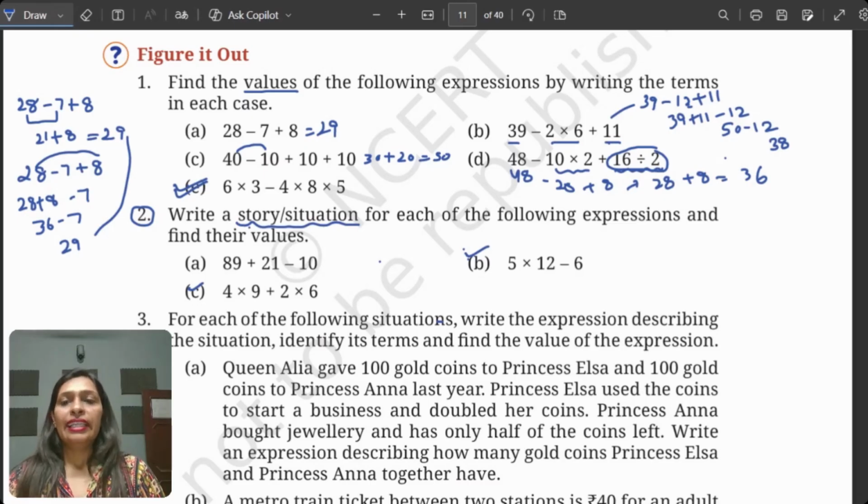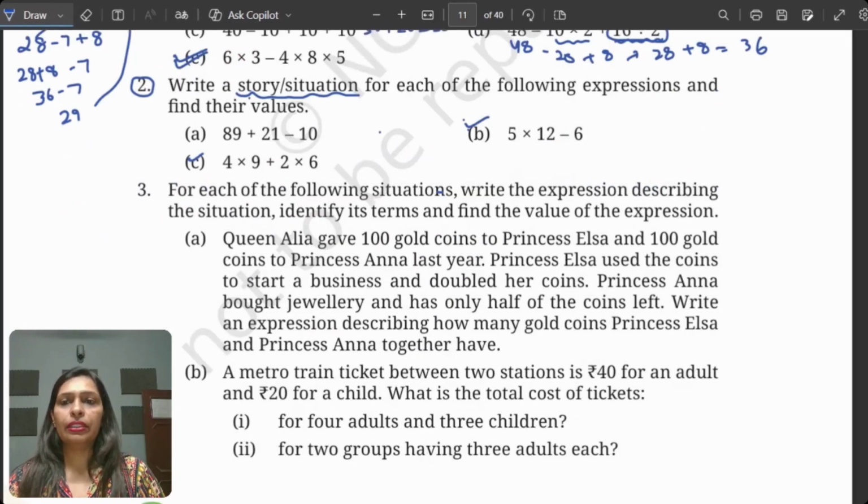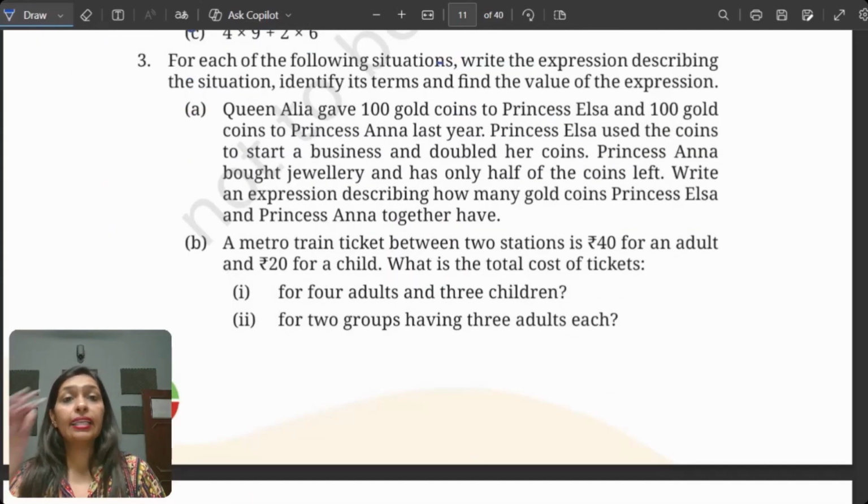All right. Next, let's go to question number 3. Again, it's a word problem, and then we need to convert it. Let's read it out first. Question 3A part. Queen Alia gave 100 gold coins to Princess Elsa and 100 gold coins to Princess Anna.